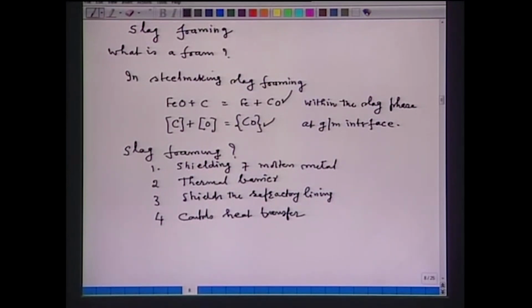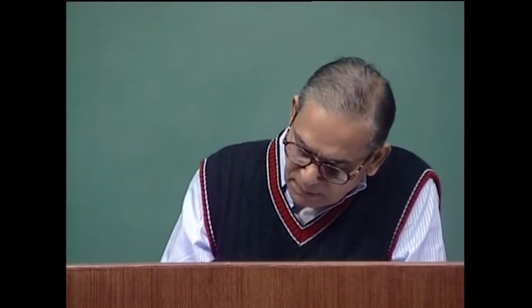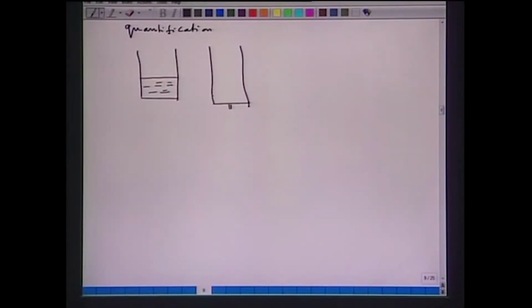Now, how can slag foaming be quantified? Say quantification. For example, if you take a bath, here is a liquid, and then if we allow the gas to flow, these are the gas bubbles of different sizes, and this is again the slag layer.